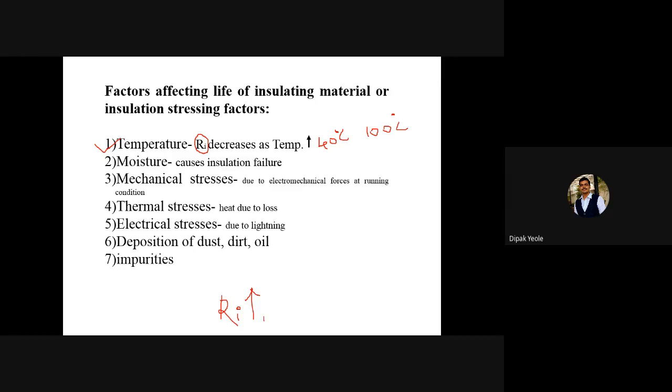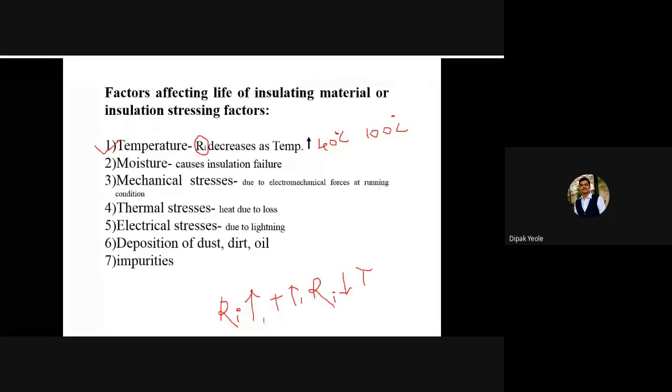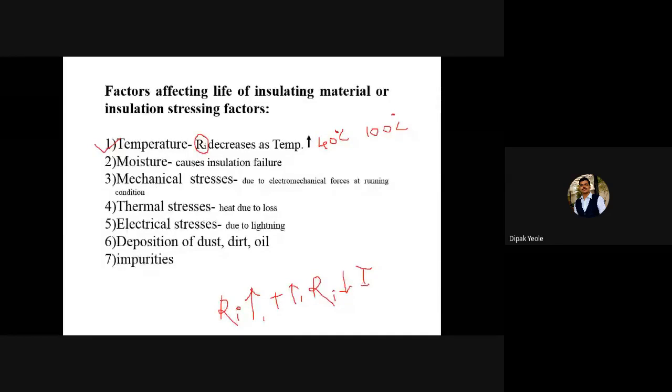But if the temperature increases, then the insulation resistance decreases, and because of this decrease, the current is going to increase. That is the reason why we have to maintain the temperature near the normal value.